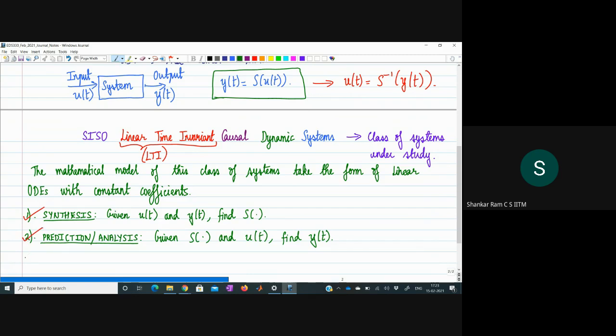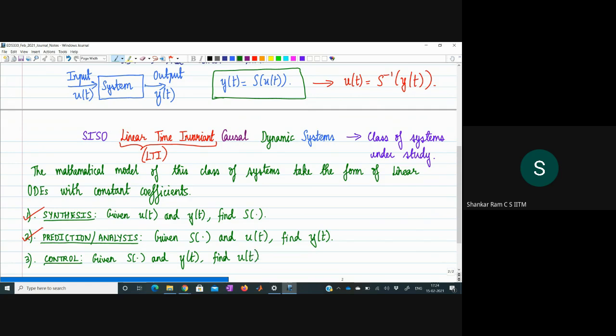In this particular course, we are going to solve this problem. What is this problem? This is on control. Given the mapping S, the system, and an output that is desired, we want a particular y of t, find u of t.